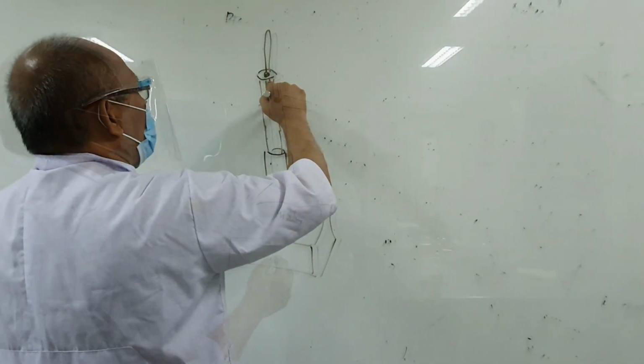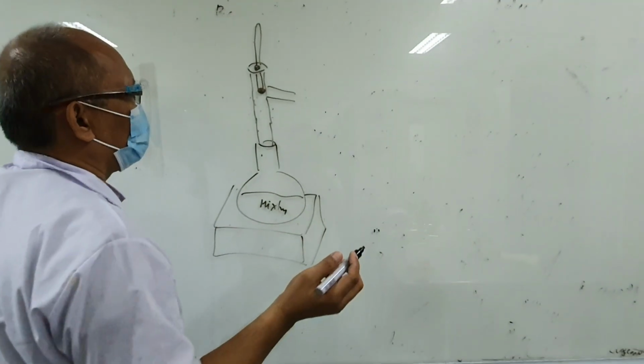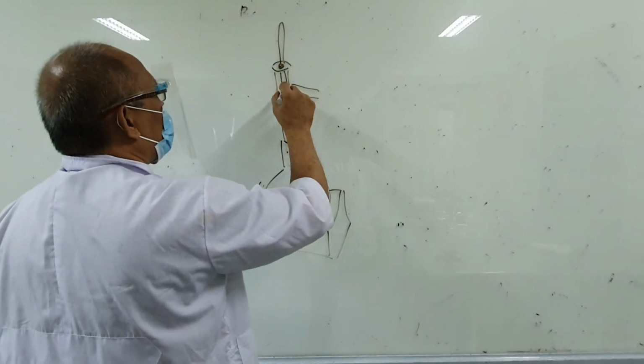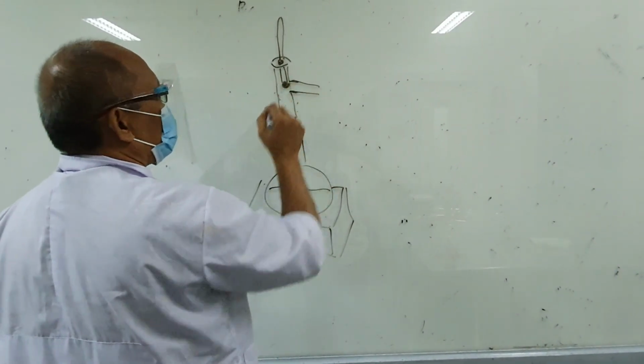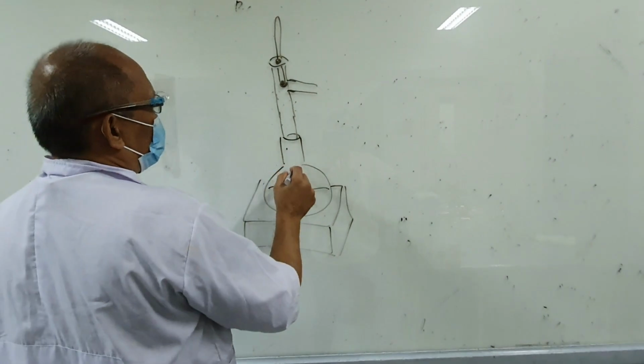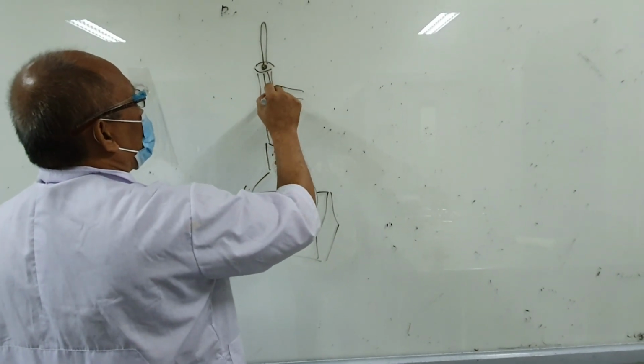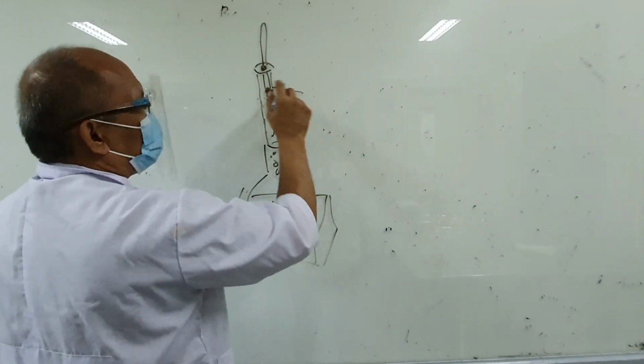Boiling is a liquid-gas equilibrium, so the bulb of the thermometer should be at the intersection. When you have the vapors coming out here, they are expected to condense here.